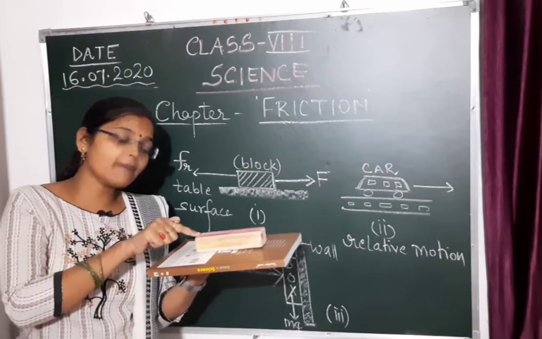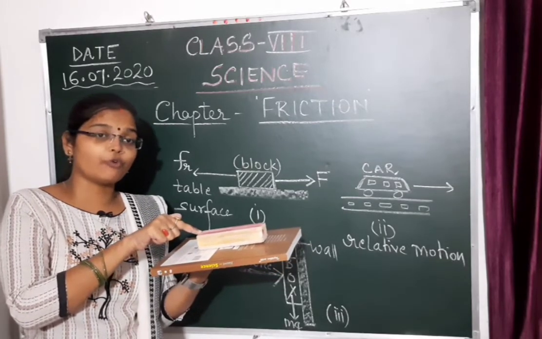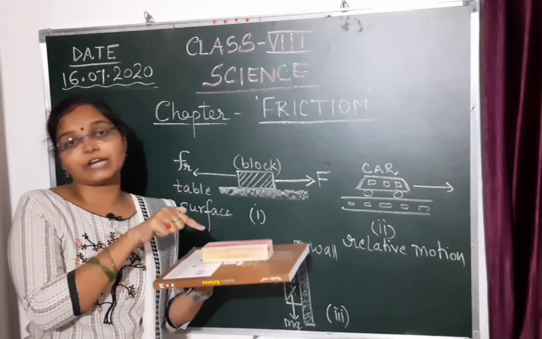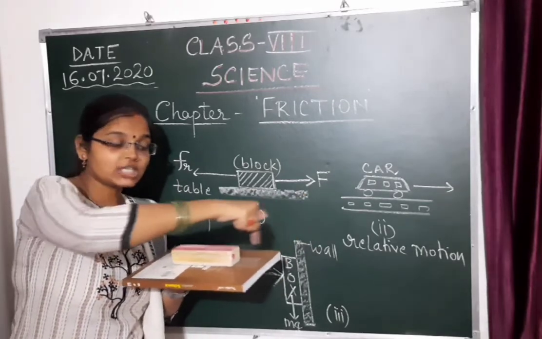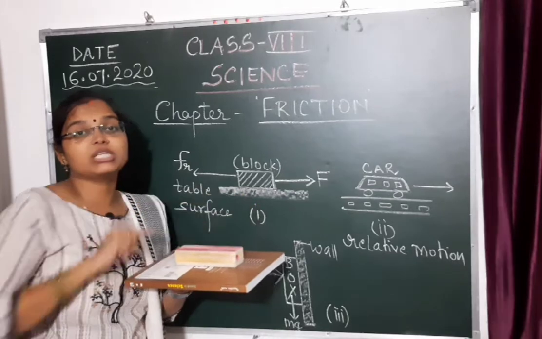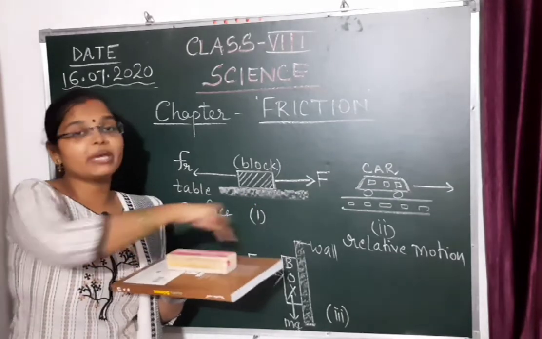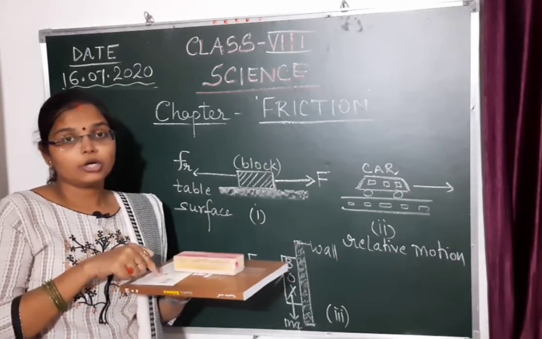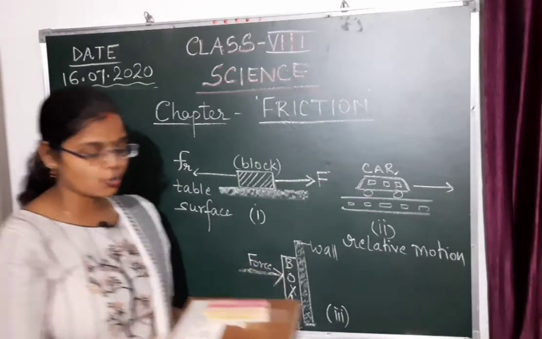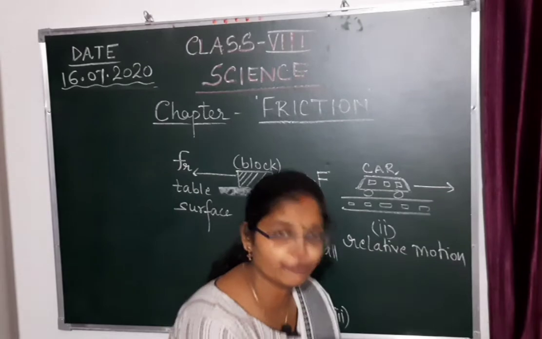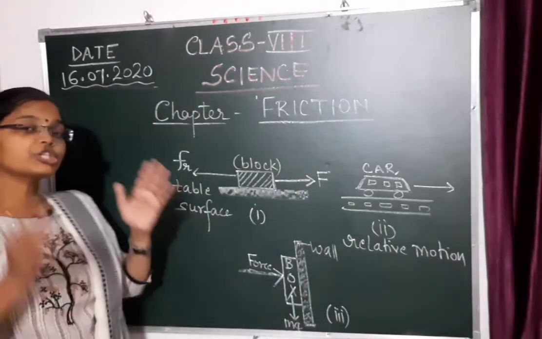I am again applying some amount of force to move it. Still it is at rest. It means there is something which is acting in just the opposite direction and stopping its motion, not letting it move. And this is known as frictional force.